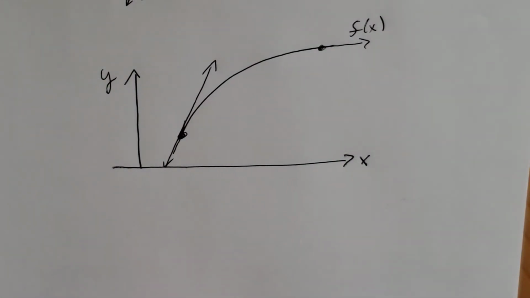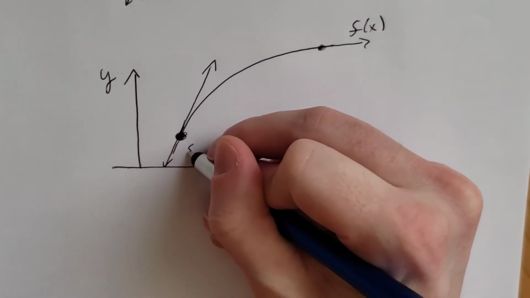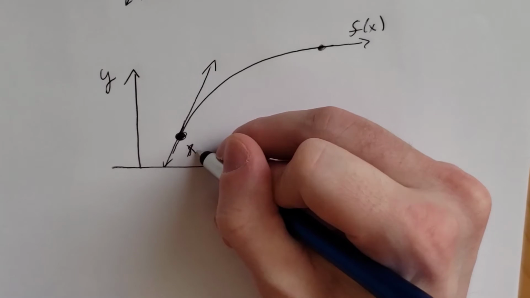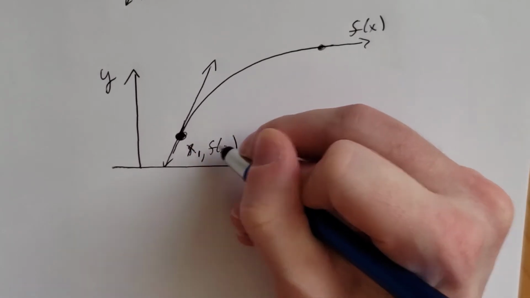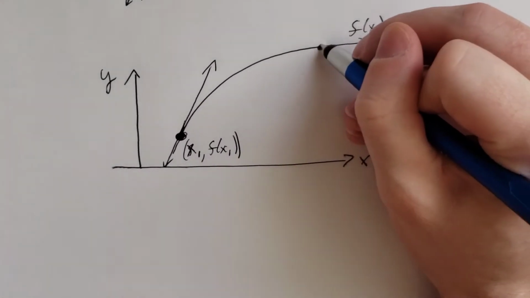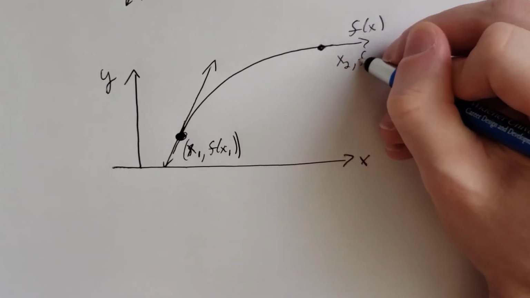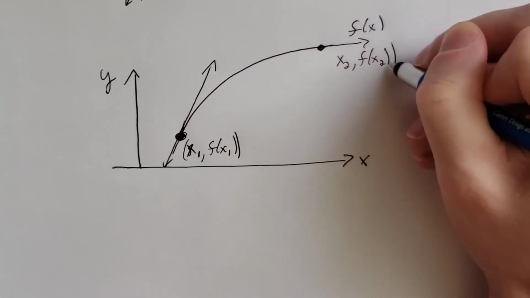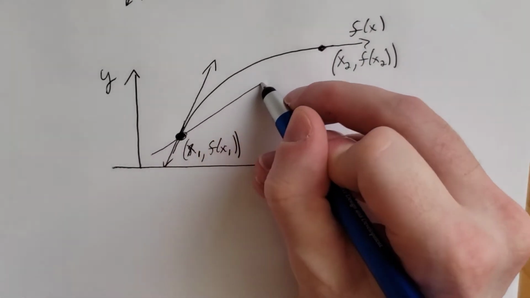So I'm going to draw a tangent line at some point here, which we're going to call x comma f of x, or x1 comma f of x1. But I'm going to draw another point over here, which we're going to call x2 comma f of x2. And I'm going to draw this secant line.